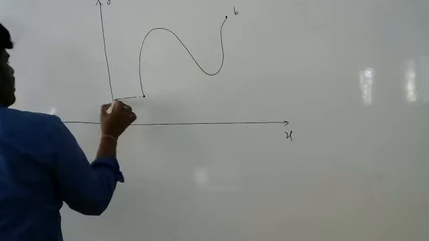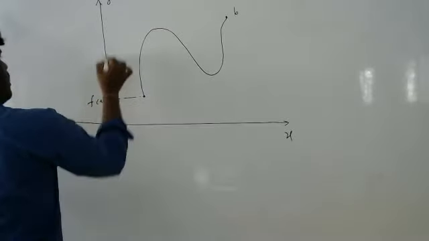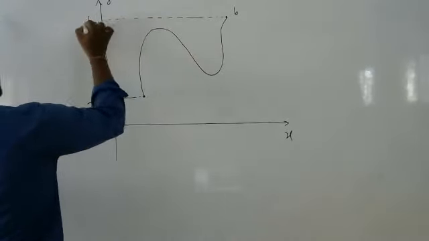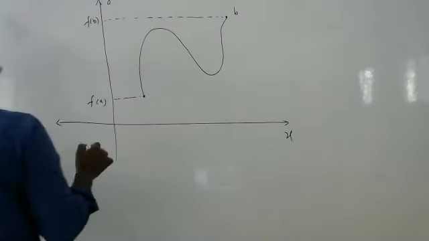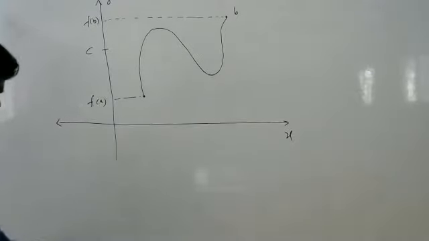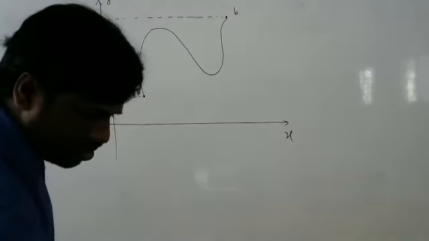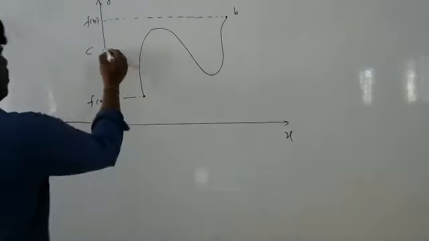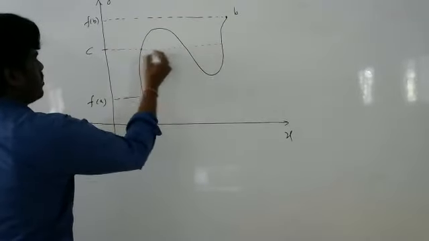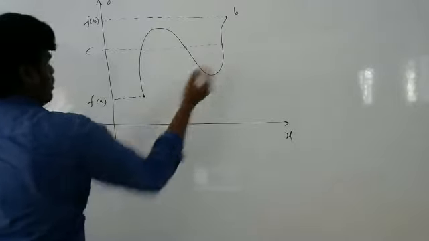And this point is f of a, and this point is f of b. In between that there is a c. When I draw this dotted line, what is going to happen here? It is going to touch 3 points.